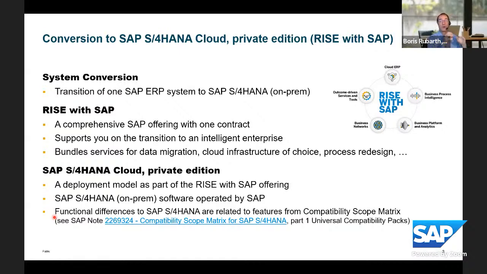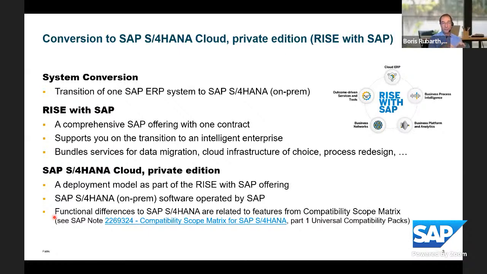And that's what we call the compatibility mode. You are allowed to continue using specific parts of the ERP system, even in the SAP S/4HANA world, as long as this area is not redesigned yet. That's the compatibility scope, and that is on the timeline restricted until specific dates in the future.